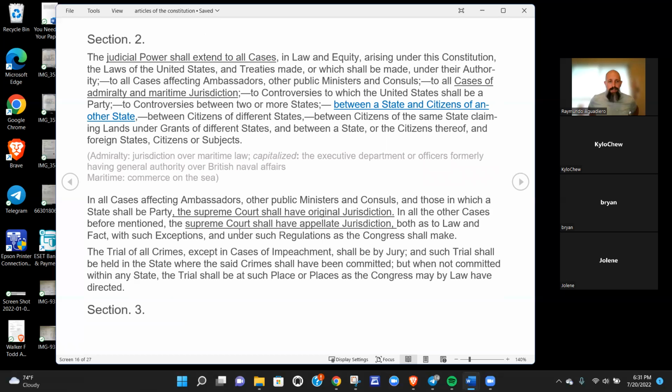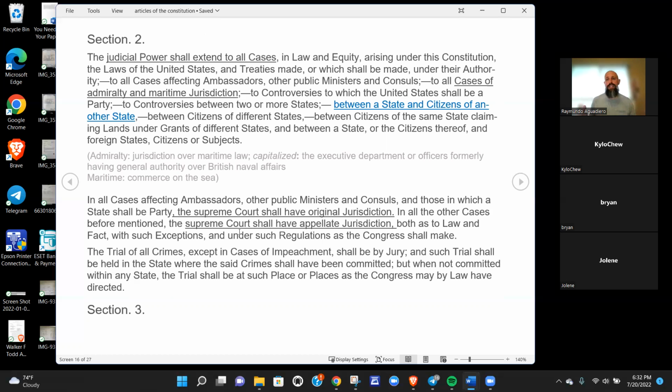So in those specific circumstances, the court case can be opened with the Supreme Court. And in all other cases before mentioned, the Supreme Court shall have appellate jurisdiction, both as to law and fact, with such exceptions and under such regulations as Congress shall make. So some cases can originate in the Supreme Court. Some of them have to be appealed.